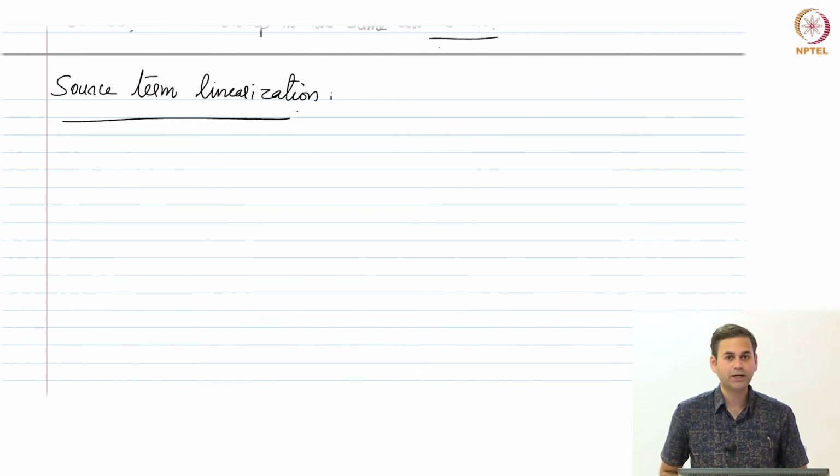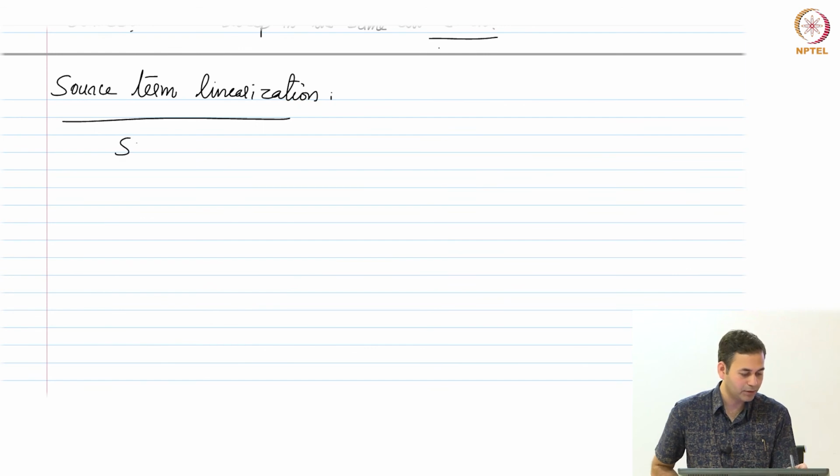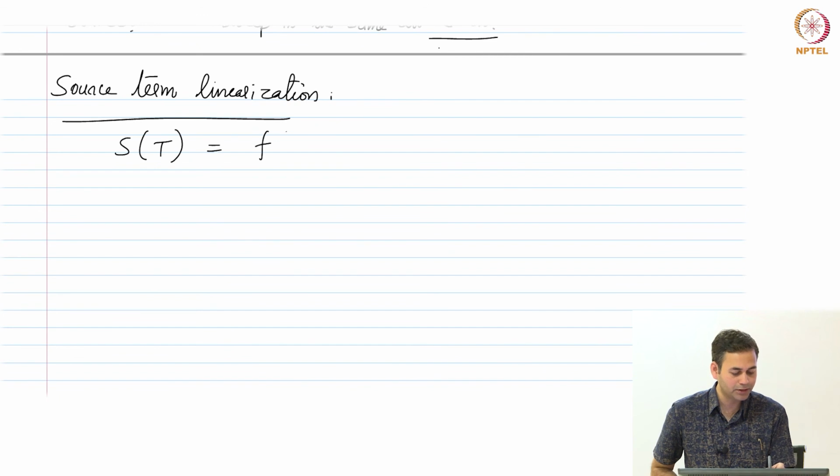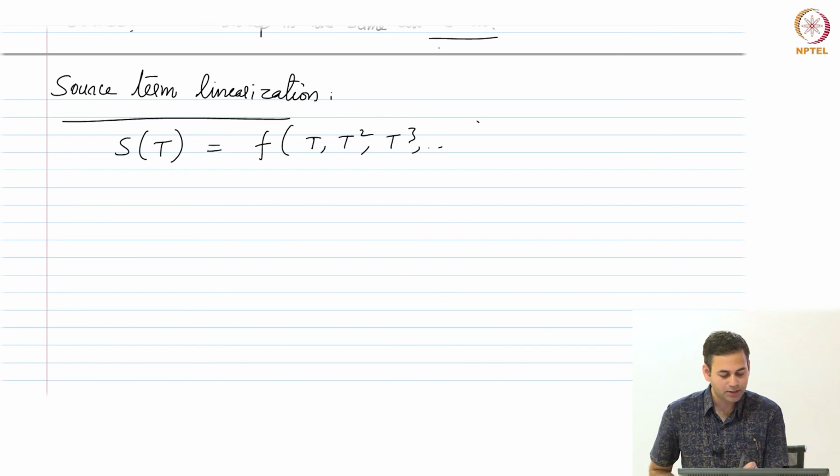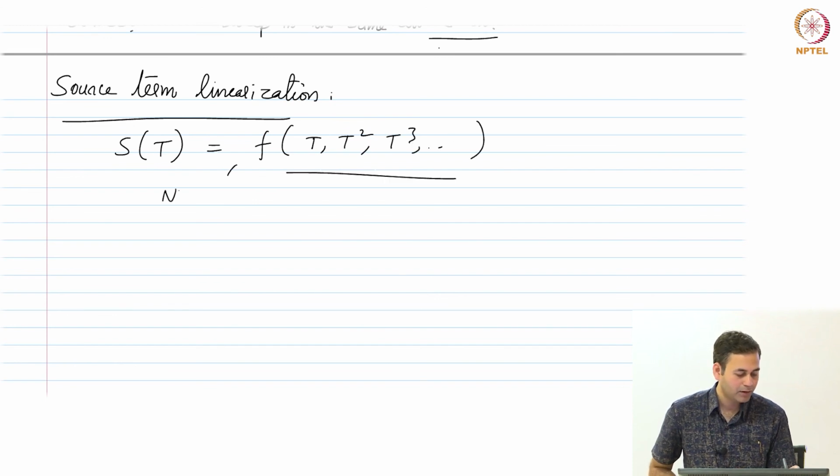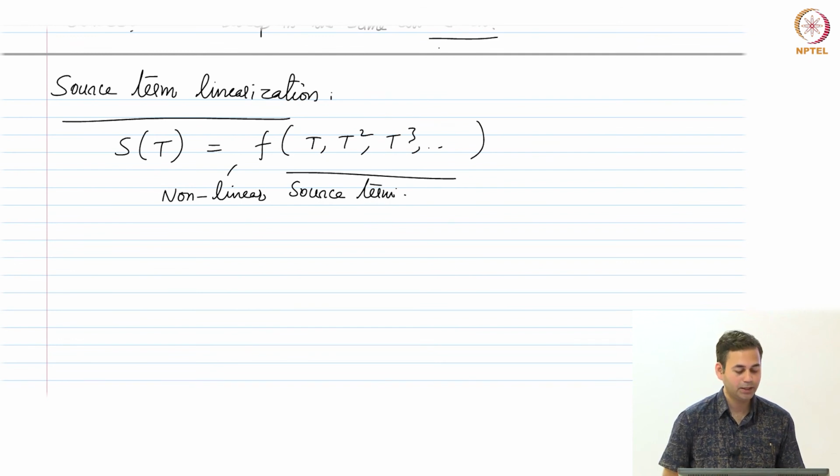So, we have always said if there is a source term S of T, let us say of temperature, which is a nonlinear function of temperature, so it depends on T squared, T cubed and some constants, we have a nonlinear source term. Then we always said we have to linearize it.